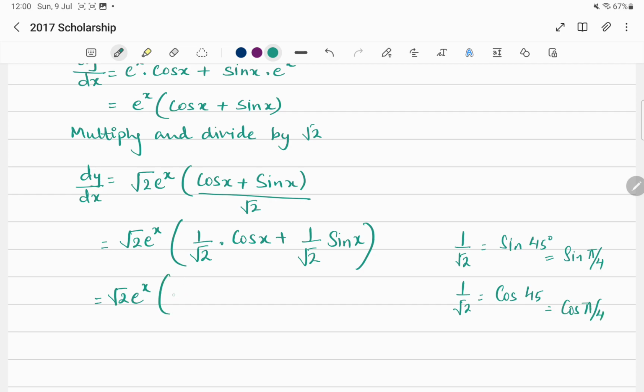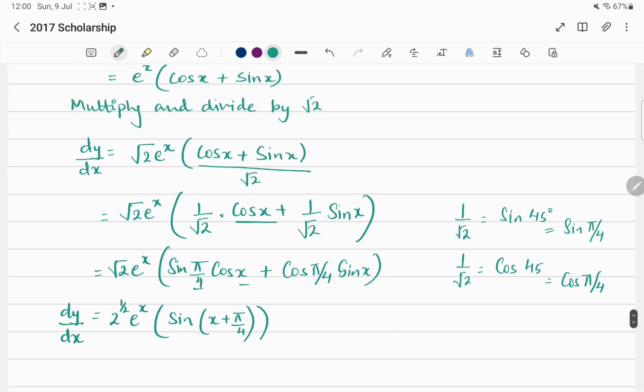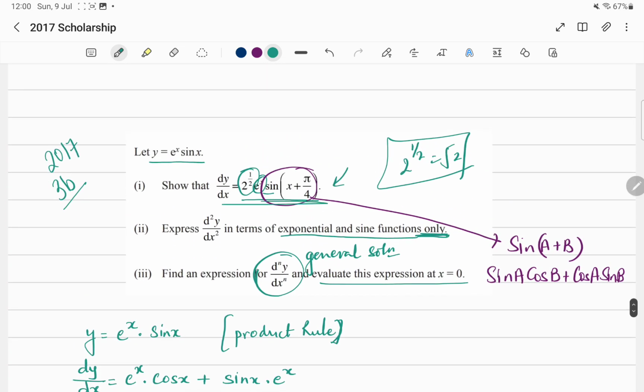Because we already have cos here, we'll write it as sine pi over 4 cos x plus cos pi over 4 sine x. Now this becomes the formula for sine a plus b. We can write it in the form given in the question: 2 to the power of half e to the x sine of x plus pi over 4. And that is dy over dx, which is asked in part 1.